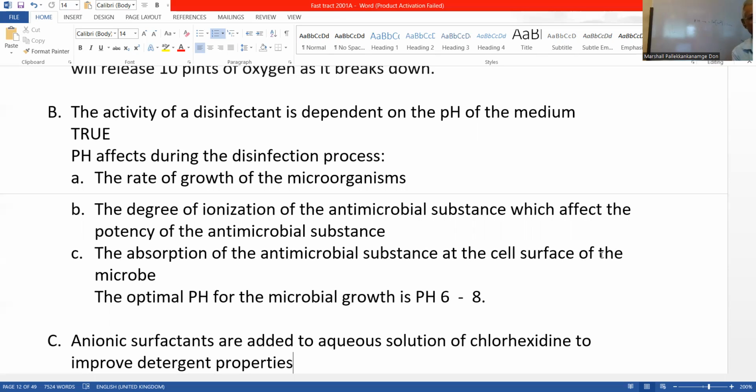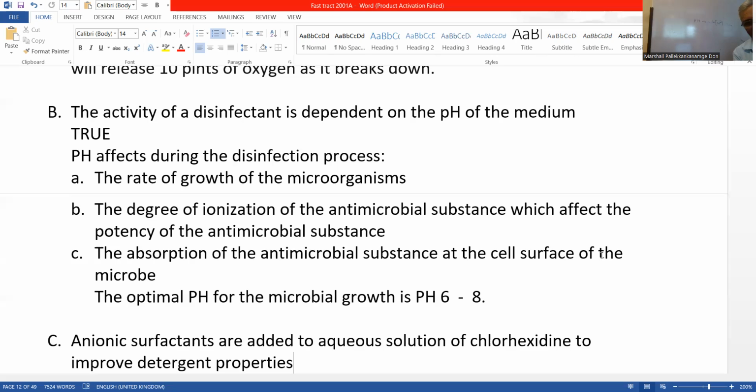So the antimicrobial agent we use to kill the microorganisms also changes its action depending on the surrounding pH, that is ionization. So potency of the antimicrobial substance depends on the surrounding pH.